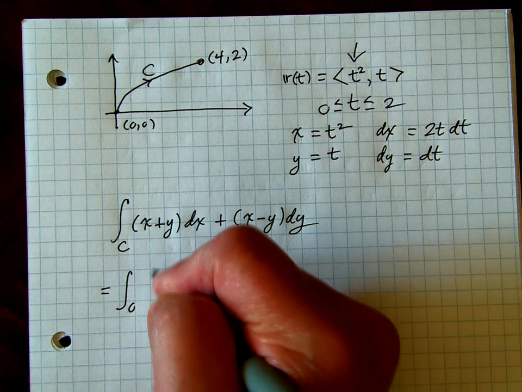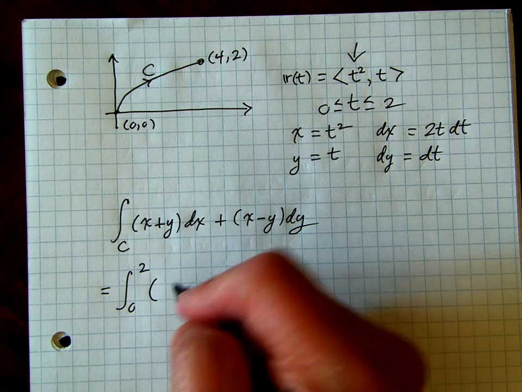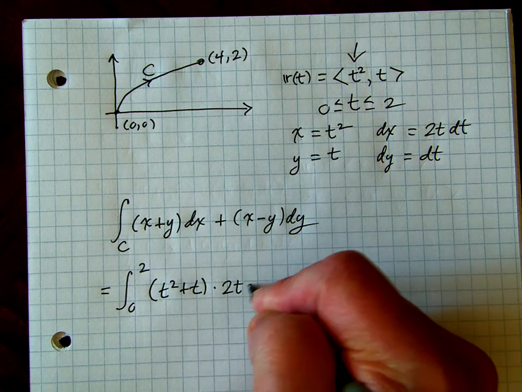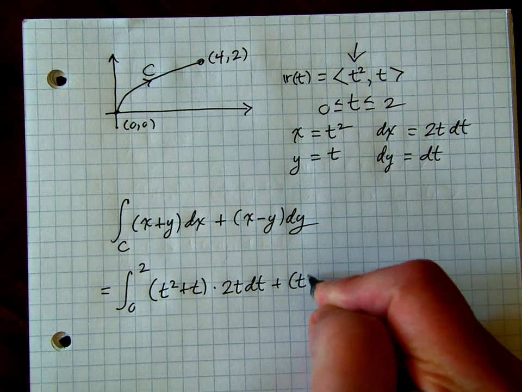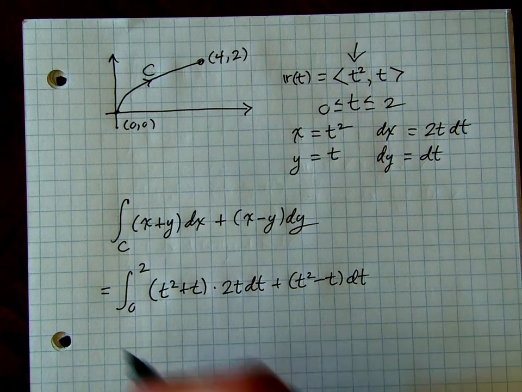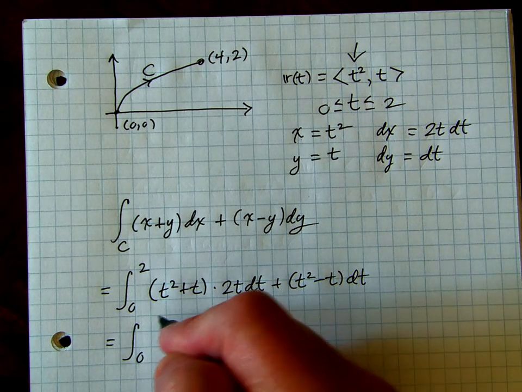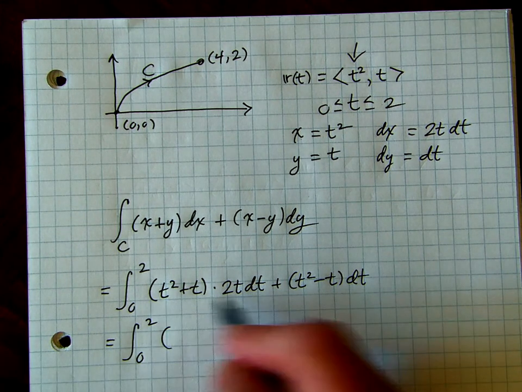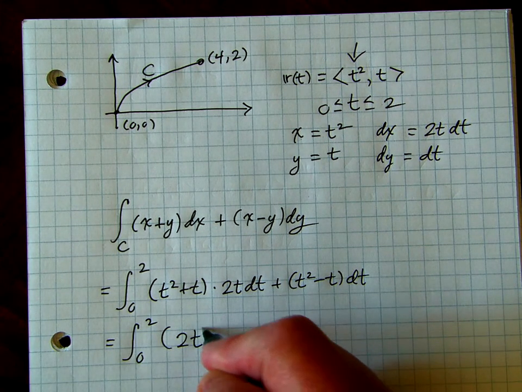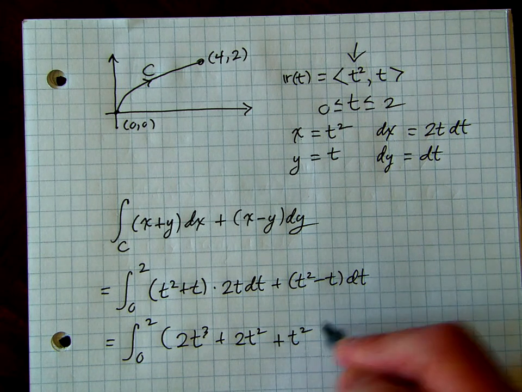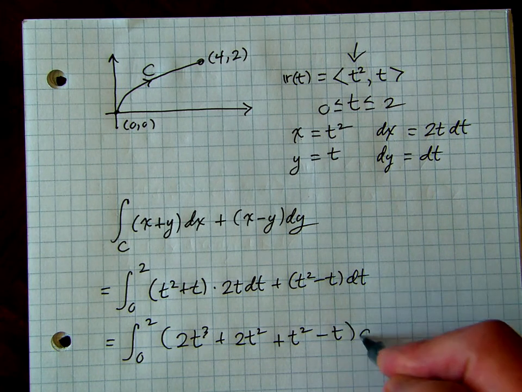Integral from 0 to 2 of (t squared plus t) times 2t dt plus (t squared minus t) dt. Okay, from here you're going to get the first part: you're going to get 2t cubed plus 2t squared, and here you get another t squared, you get a minus t, and you get dt.